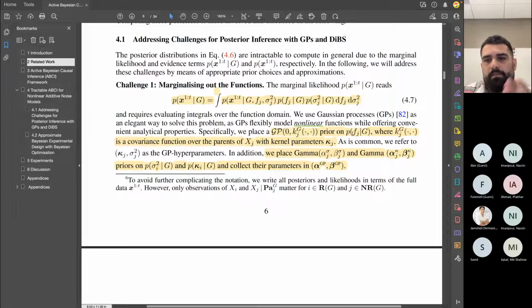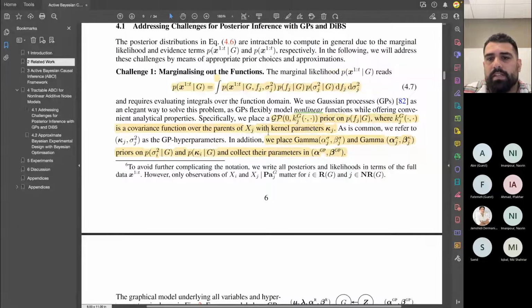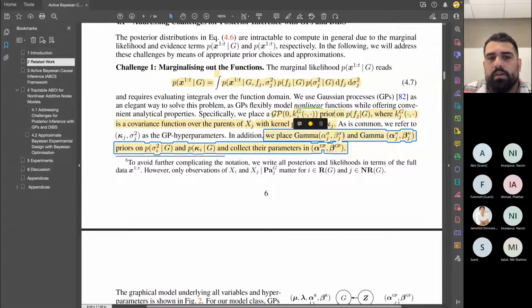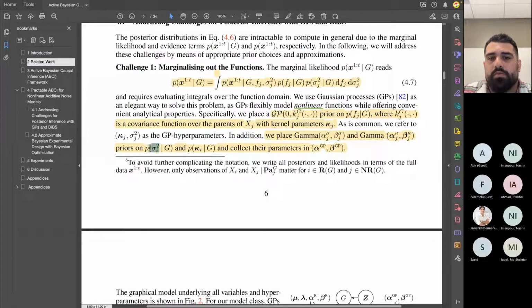given the graph, where k is the covariance function over the parents of x with kernel parameters small k, or I think this is kappa. So they use the GP approach, and then for each of the GP hyperparameters, they introduce gamma distributions for the mean and the variance for sigma squared and kappa.